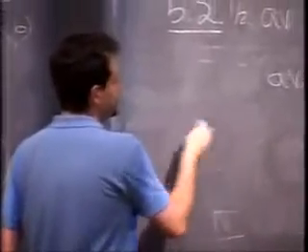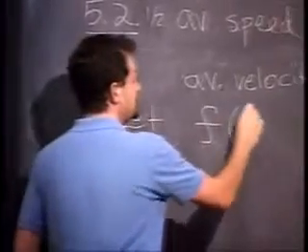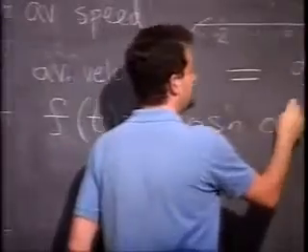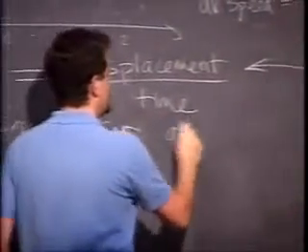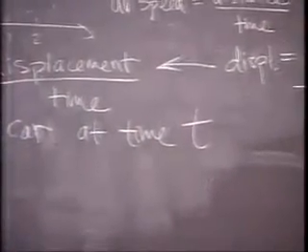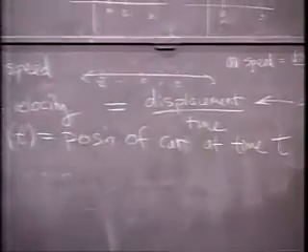Okay, so in order to quantify this, here's the idea. Just let f of t equal the position of the object. I'll call it a car. Car at time t. Okay, so if I plug different times in, I can find out where the car is at that time.